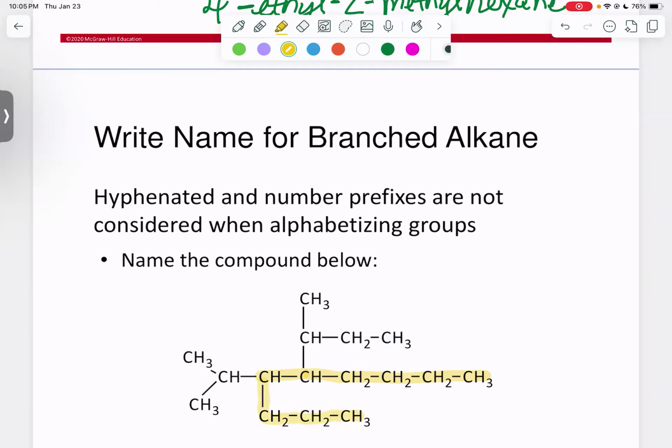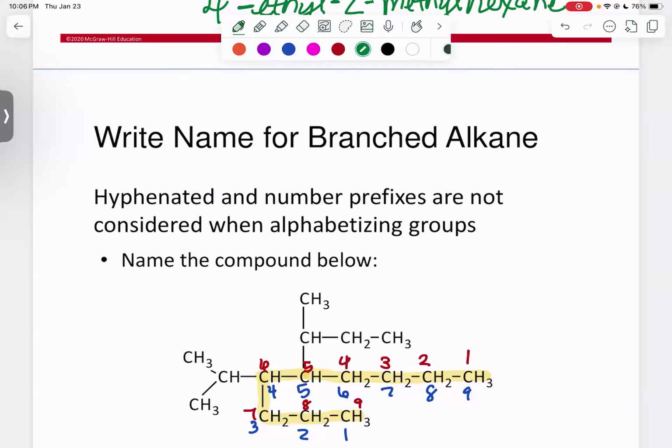Now I have to number it to give my substituents the lowest number possible. So I'm looking at this and, let's see, we'll do blue and red again. We'll go 1, 2, 3, 4. Let me do it on the bottom: 4, 5, 6, 7, 8, 9, or I could do 1, 2, 3, 4, 5, 6, 7, 8, 9.